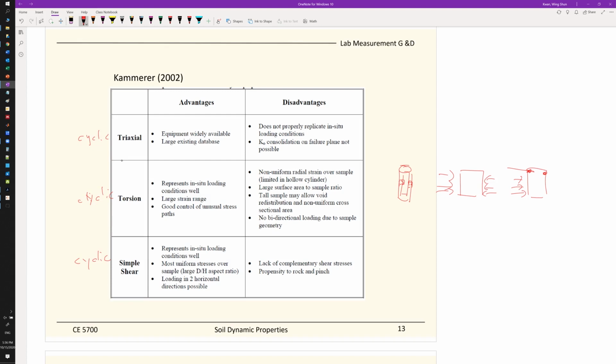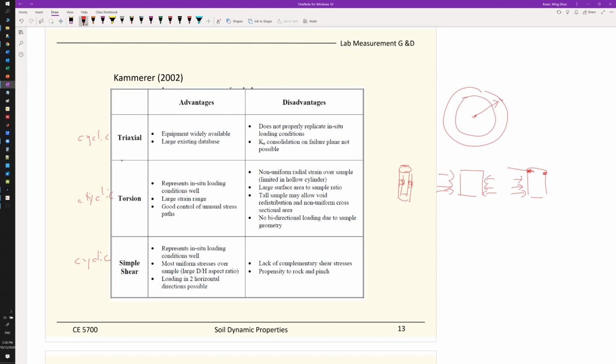So that's the reason they need to make it hollow: to try to minimize this non-uniform radial strain problem. Again, if the whole thing is solid, the radial distance between the center and the outside is a lot of difference, so when you have the initial calculations, you will make a huge difference. So that's why they try to make it hollow.